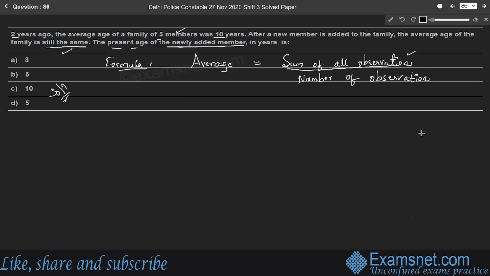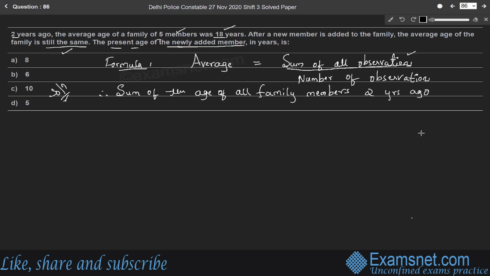So average age of family of 5 members 2 years ago was 18 years, right? Therefore, sum of the age of all family members 2 years ago.